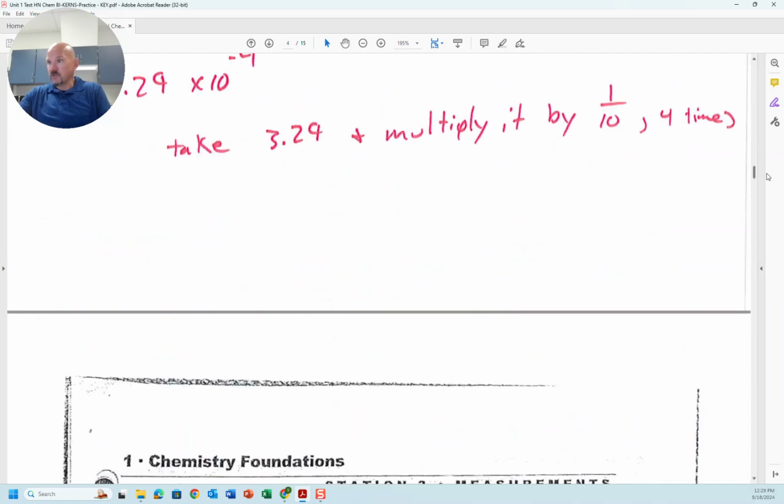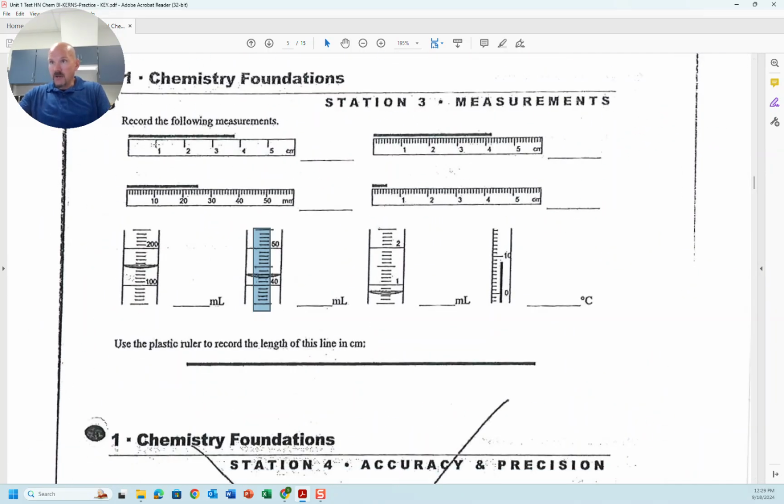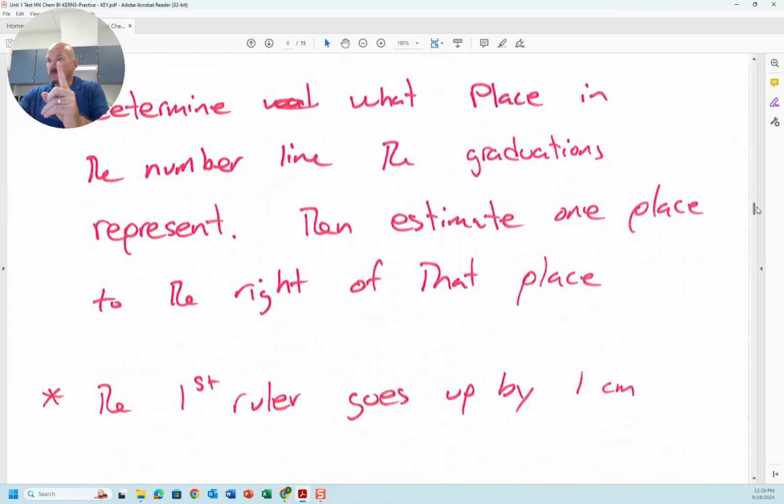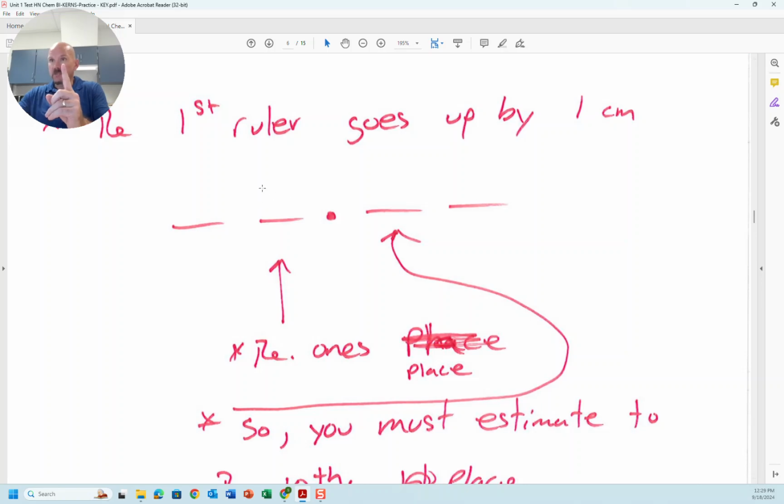So when we look at this first ruler, here's the first graduation, here's the second graduation, the third. As we go from one graduation to the next graduation, that's an increase of 1 centimeter. So each graduation is worth 1 centimeter, okay? So where does that fit on the number line? That's the ones place. So that means my measurements have to be estimated to the tenths place.